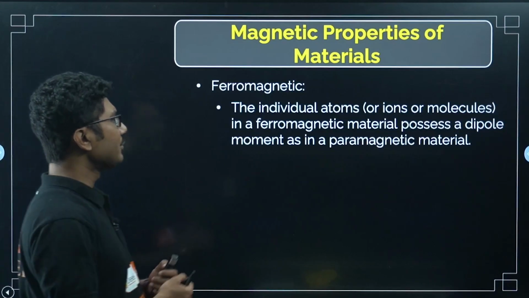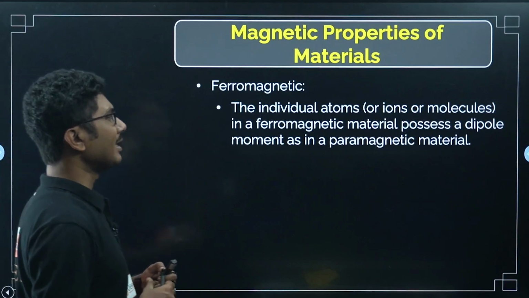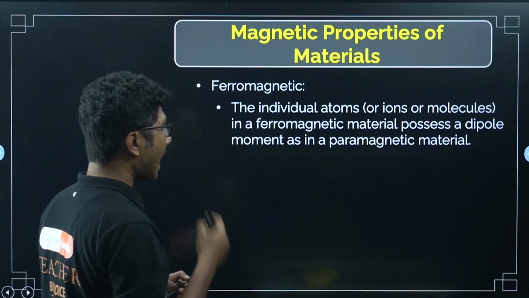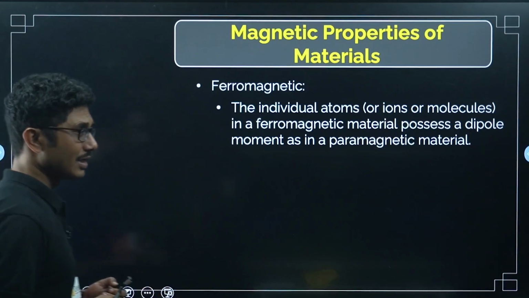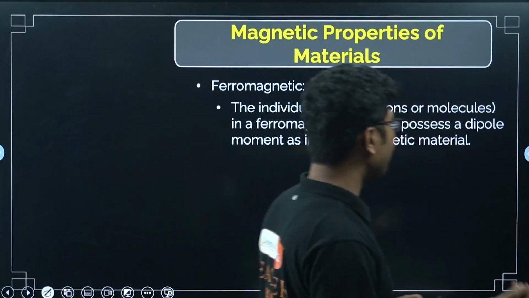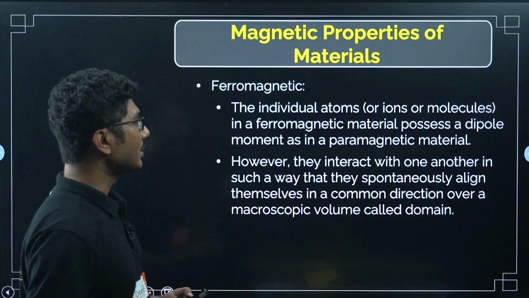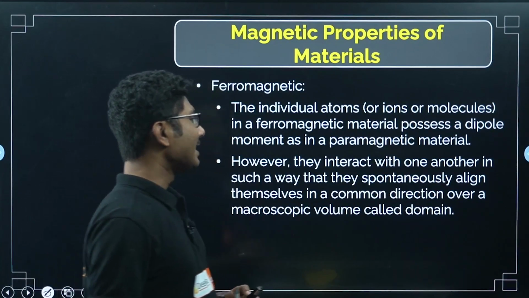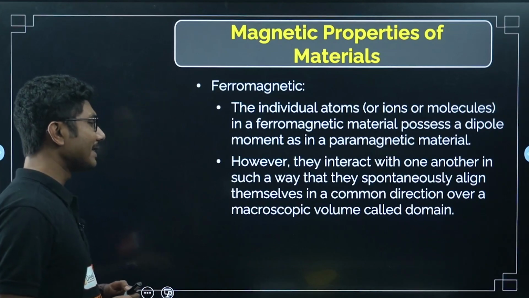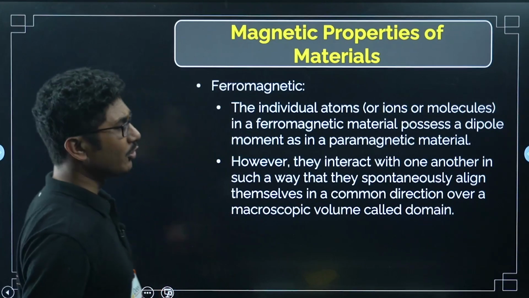Now individual atoms or ions or molecules in a ferromagnetic material possess a dipole moment, as in a paramagnetic material. We have seen that in paramagnetic material they also have a dipole moment, but they have a net dipole moment, right? Now however, they interact with one another in such a way that they spontaneously align themselves in a common direction over a macroscopic volume called a domain.